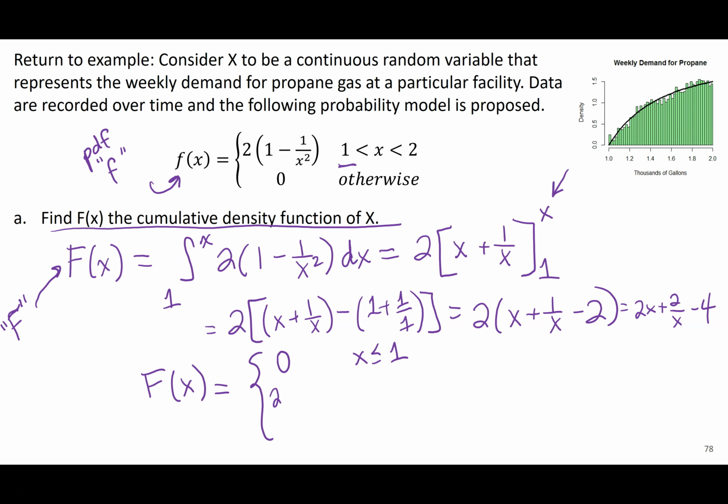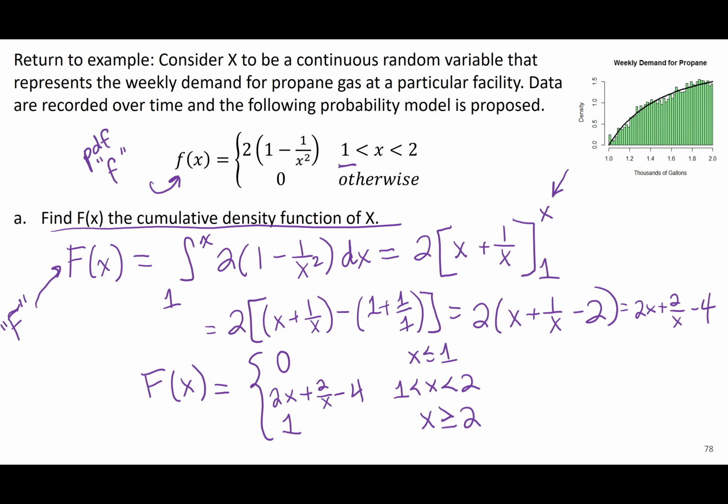And it's going to be 2x plus 2 over x minus 4 when x is between 1 and 2. And then once I get to that boundary, x greater than or equal to 2, the value is just going to be 1.